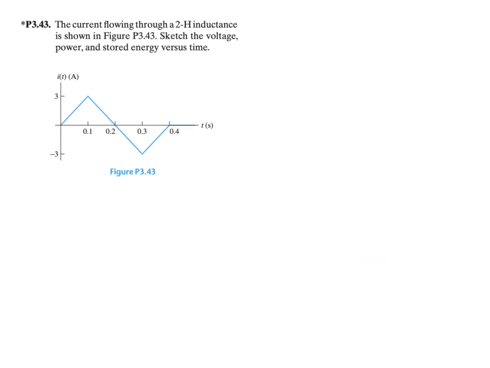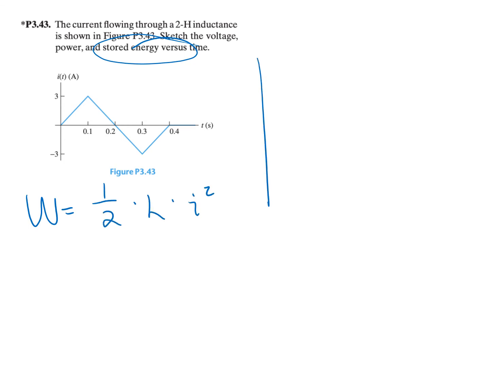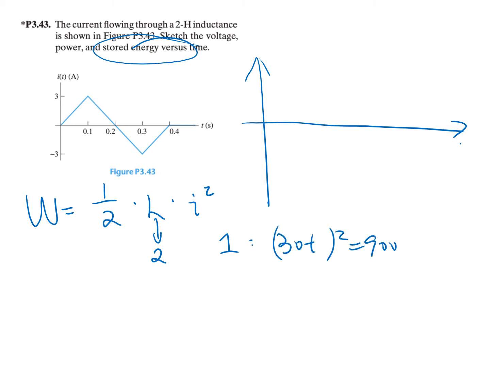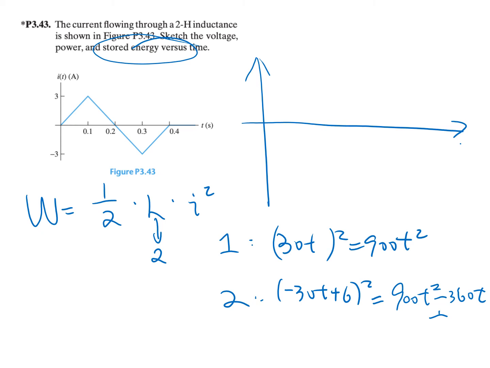Finally, we need to sketch the stored energy. We know that for inductance, it is 1/2 times L times I squared. So for the first stage, this is 1 times 30t squared, that's 900t squared. For the second stage, that's negative 30t plus 6 squared, which is 900t squared minus 360t plus 36.